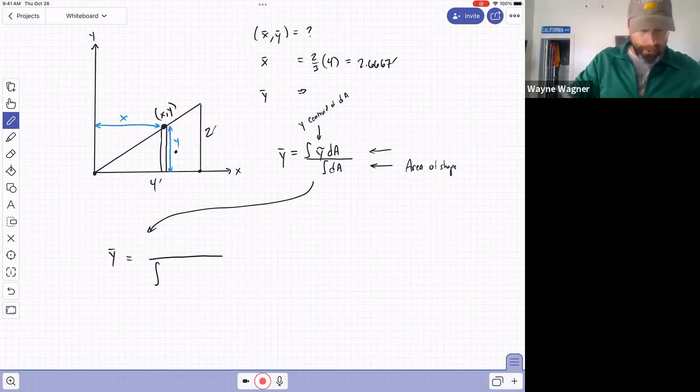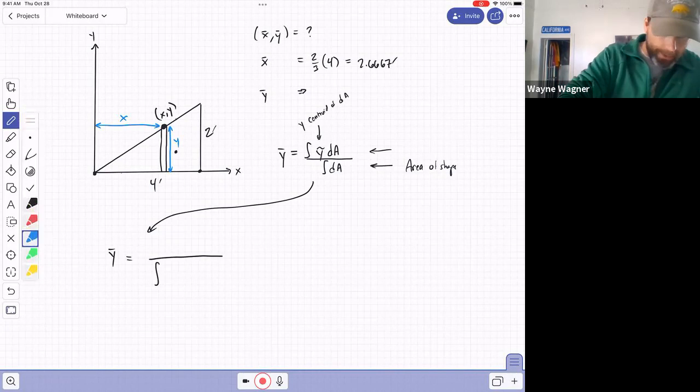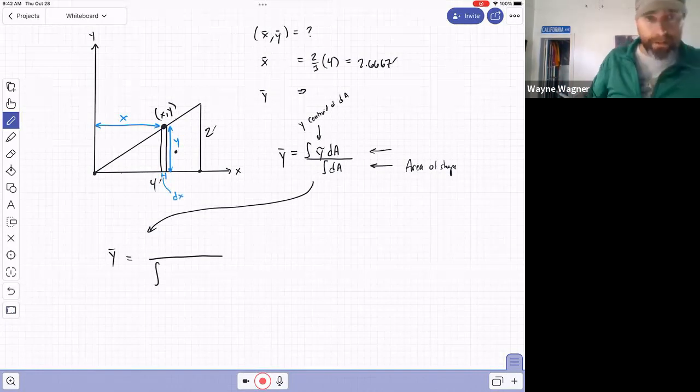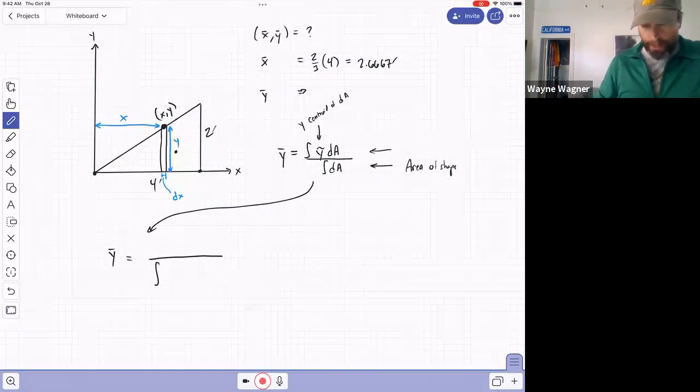All right, so now we're going to do my dA. The only other coordinate we need for this is right here. That little thing right there, that's dx. Now we're just going to figure out the area of this little differential area. It's a rectangle, so it's length times height.